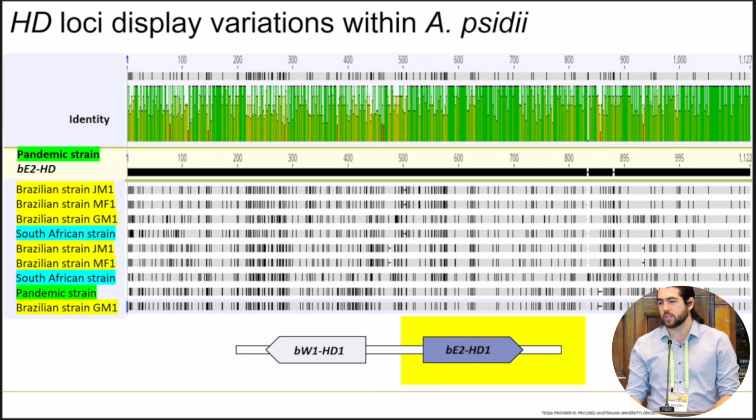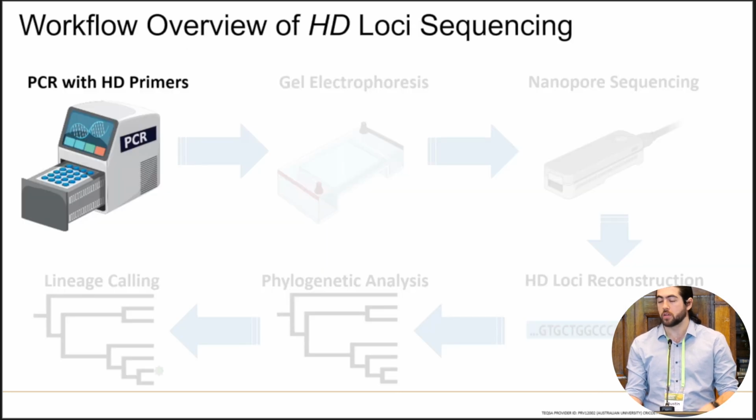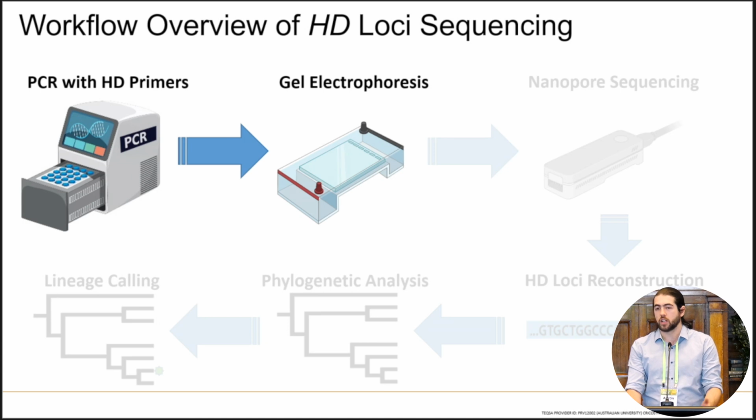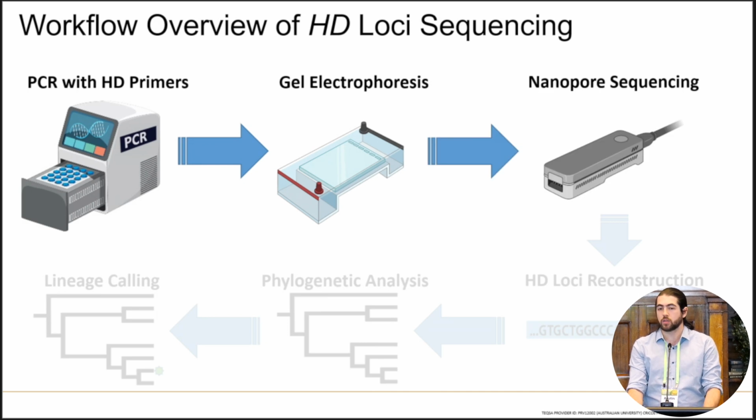Cool. So now that we understand a bit more about the biology of this region, I'm going to step you through some of the workflow that we've been developing. To start off, we did a PCR and we developed primers that amplified this HD region. We then did a gel electrophoresis for quality control to make sure we've amplified the right area. We then performed long read sequencing with nanopore to produce reads of this region.